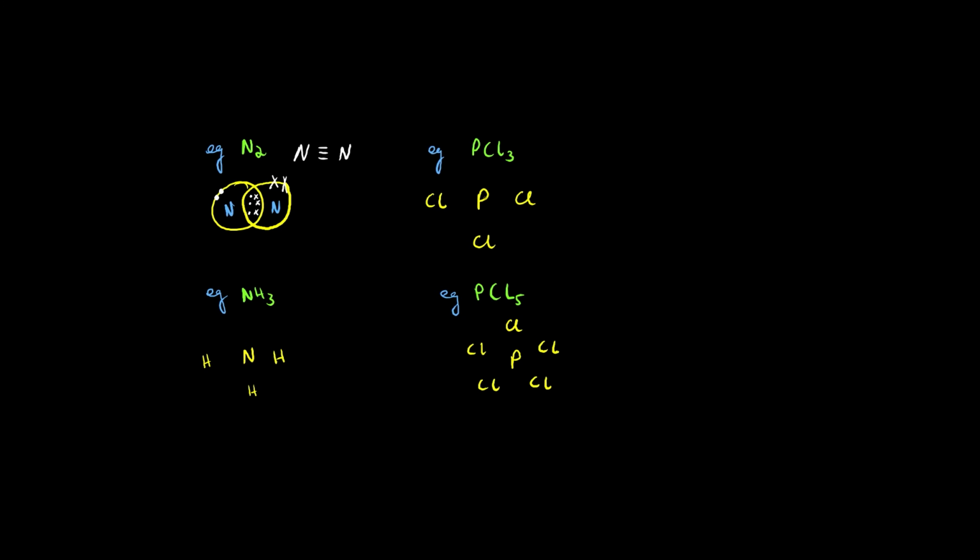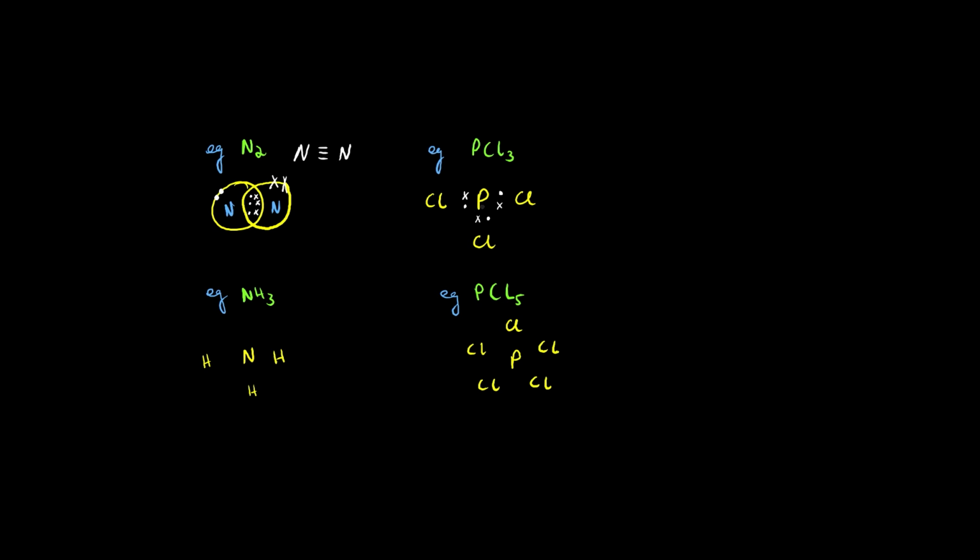Phosphorus is in group 5, so it needs 3 electrons. It has 5 valence electrons. So phosphorus can give one of its valence electrons to each of the chlorines, right? And chlorine can give one of its valence electrons to the phosphorus.